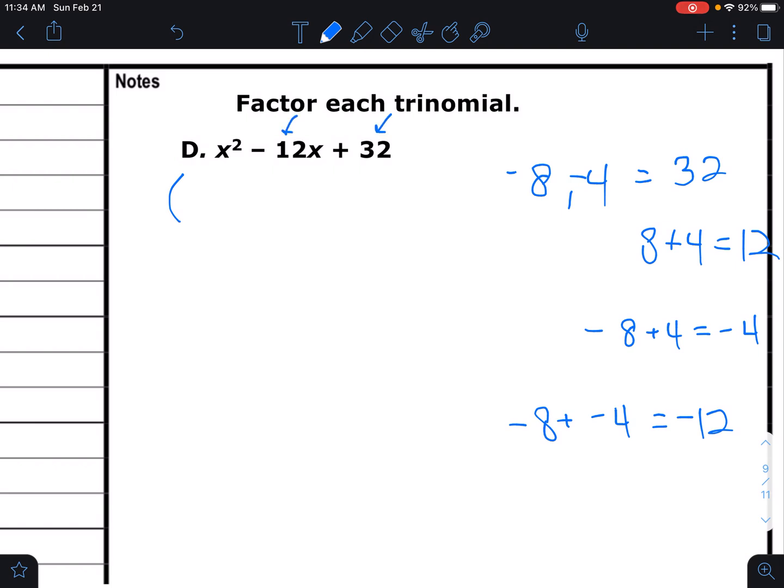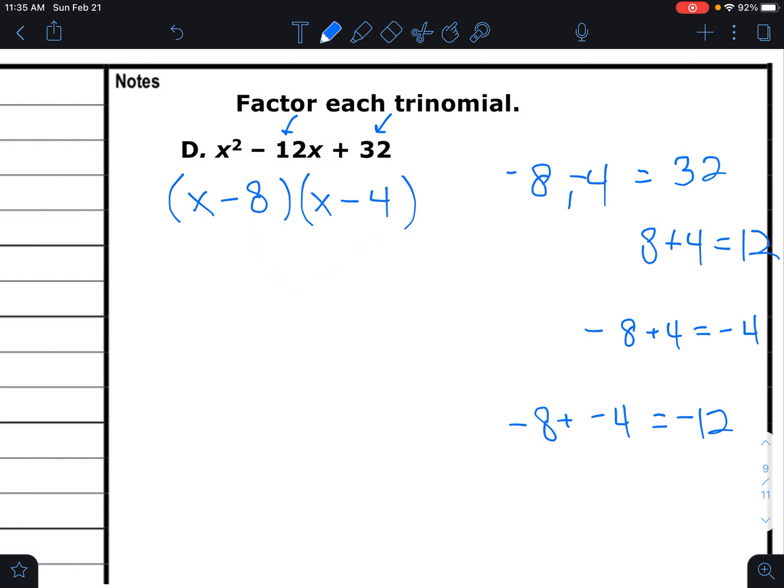The only way I can get a negative sum and a positive product is if they're both negative. So this would be x minus 8 and x minus 4. Does it matter if you switch these two around? No. It doesn't matter what order they're in, just as long as the signs are both negative. And that's the factored form.